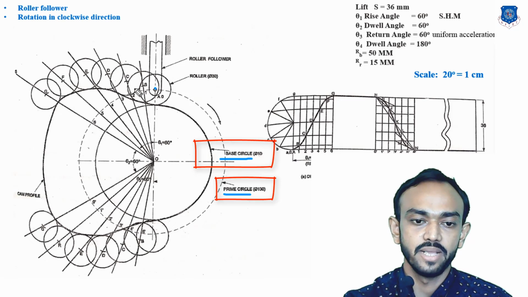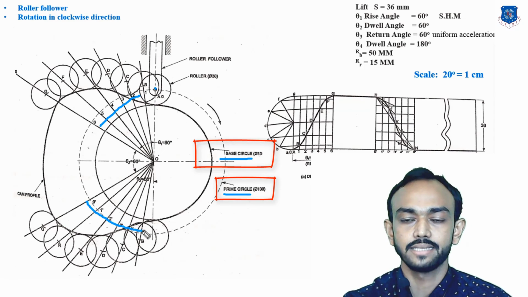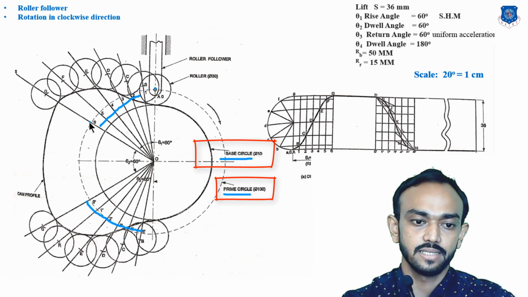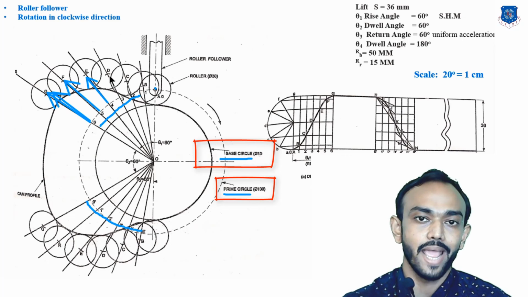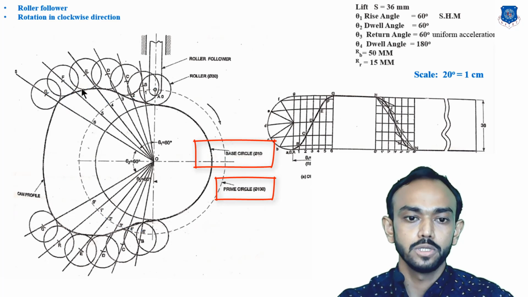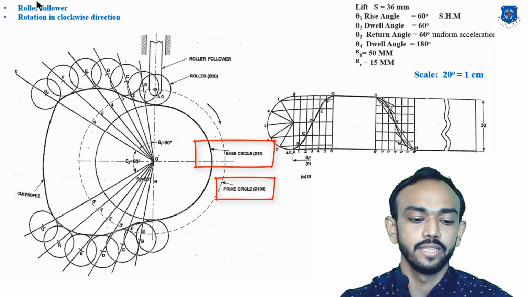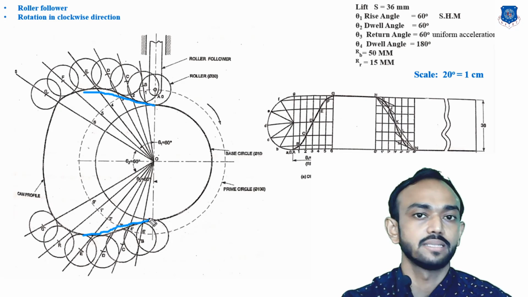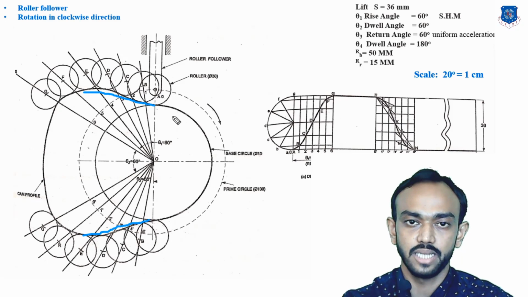All the measurements 1, 2, 3, 4, 5, 6 and 0 dash to 6 dash, this distance, we will take from the prime circle. We use the base circle only for drawing the profile, meaning the starting and ending of the profile will be done on the base circle. Remember that, students make mistakes here.